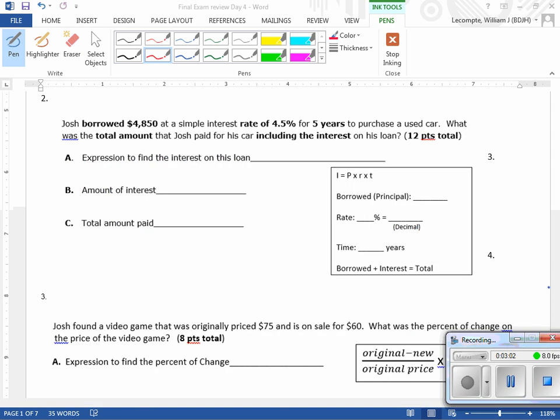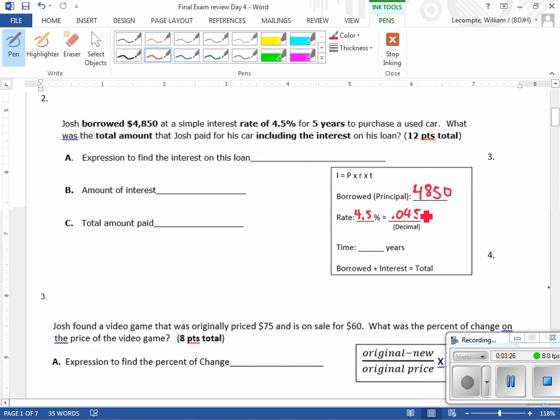Number 2, it says Josh borrowed $4,850 at a simple interest rate of 4.5% for 5 years. Okay, so how much did he borrow? He borrowed $4,850. His rate was 4.5%, which if we change that to a decimal is 0.045.